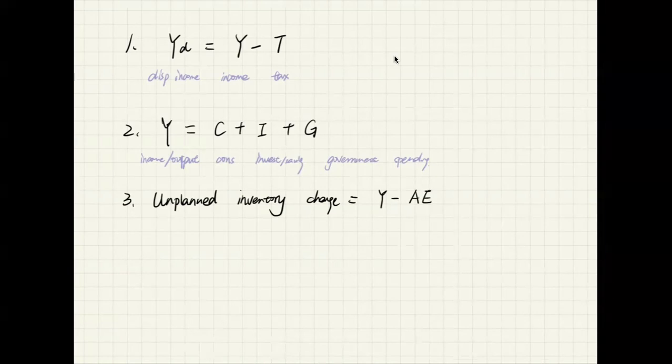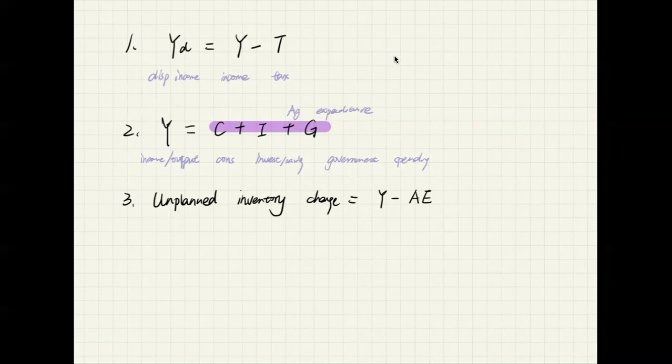It's actually the right-hand side of this equation, right? So on the right-hand side, as you can see, this is your aggregate expenditure, and Y is your income.